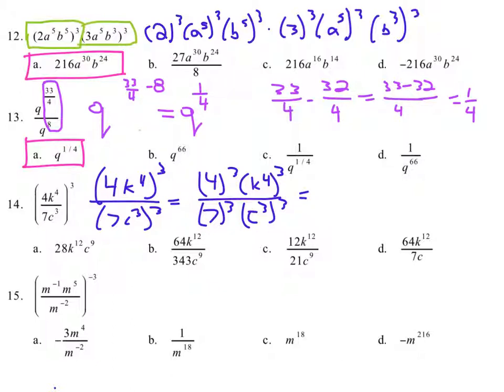And then on the top, 4 to the third is 64. And k to the fourth to the third, power to a power, we multiply them, k to the 12th. On the bottom, 7 cubed, 343.